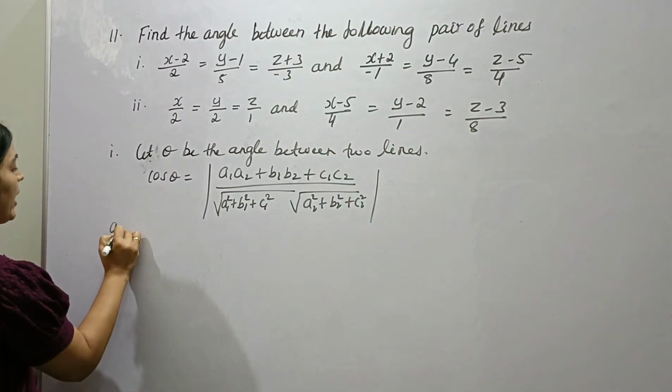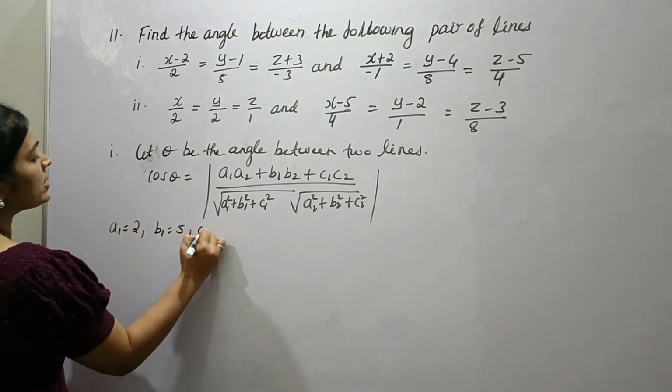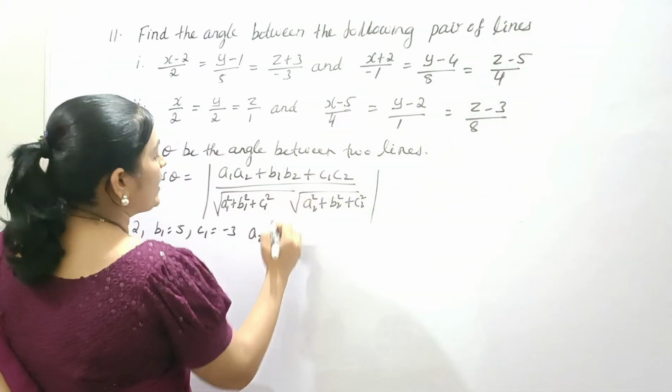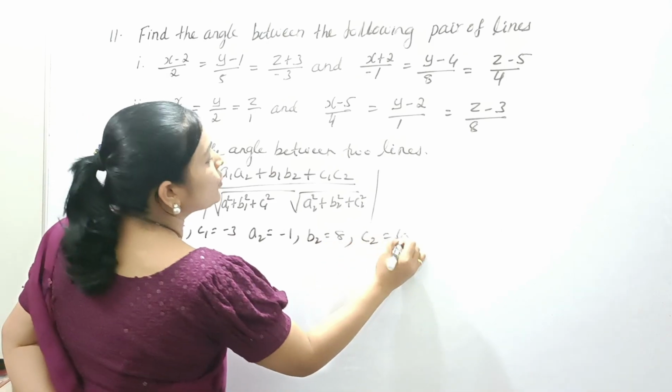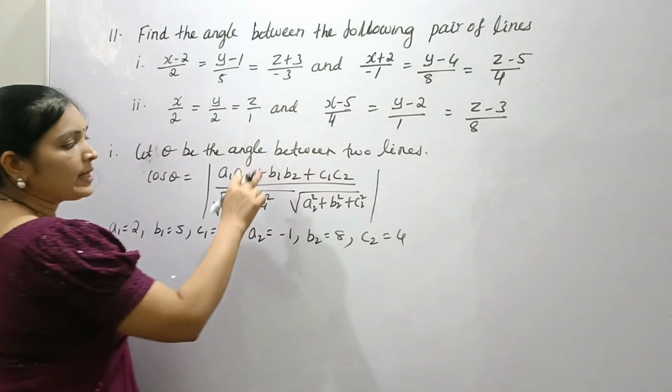So let's write a1 = 2, b1 = 5, c1 = −3, and a2 = −1, b2 = 8, c2 = 4. Now let's substitute these values in this formula.